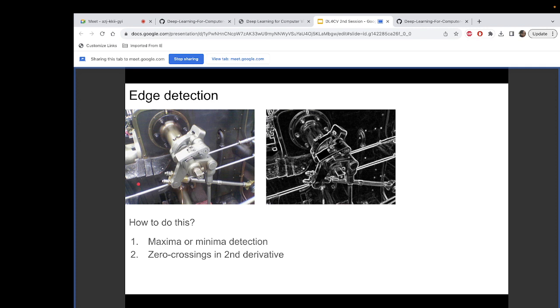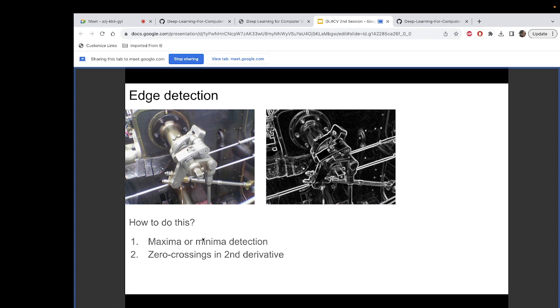You are moving upwards like this, and suddenly you encounter a huge amount of change, right? And then once you cross that change, you again encounter some smooth, non-noisy regions. That is why people detect edges using minima or maxima. They find the gradients, and wherever there is a huge amount of change, we call that an edge. That is given by the minima or maxima, and in other words, it can also be given by the zero crossing in the second derivative.